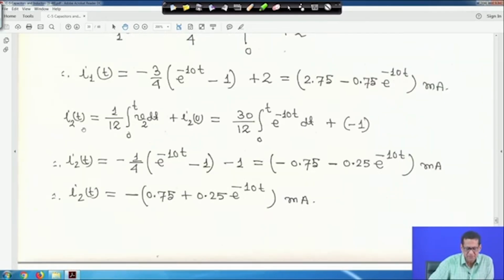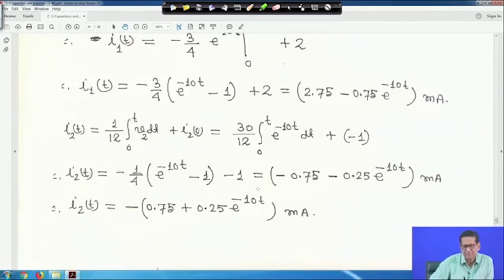Similarly, for I2(t), 1 upon 12 integral 0 to t of v2 dt plus I2(0), so 30 by 12 integral 0 to t of e to the power minus 10t, plus I2(0) which is minus 1. You integrate and simplify, and you will get I2(t) is equal to minus of 0.75 plus 0.25 e to the power minus 10t milliampere.